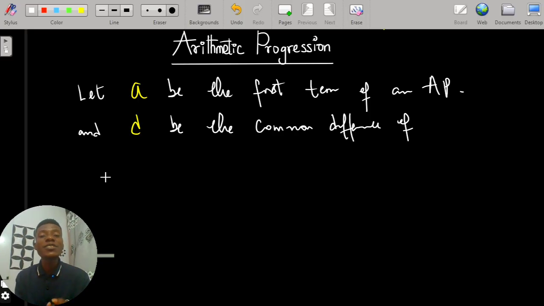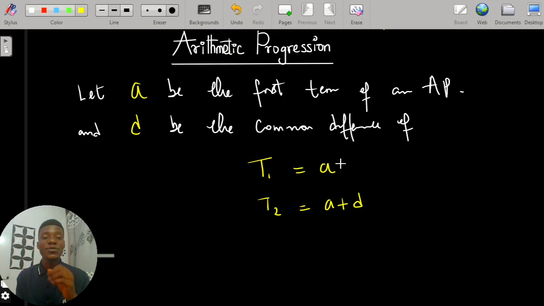So according to the formula, our first term, which we can still write as T1, is our A. That is the first number on the sequence, the first term. Then our T2 will be derived by adding the common difference to the first term. Don't forget, it is generated by adding a common difference, that is a constant, to a term to get the term next to it.